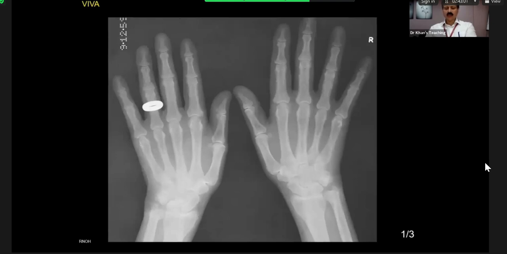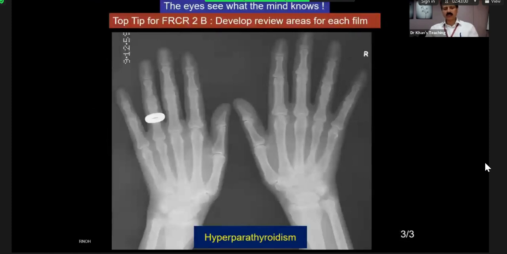So basically, what you have to do is develop review areas for each and every film. And hands, so this is a film of hyperparathyroidism.